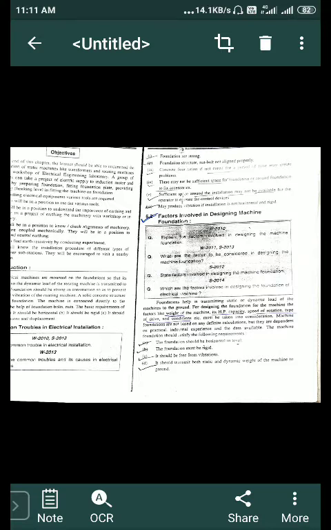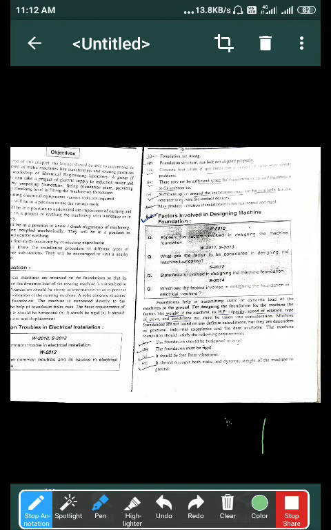Regarding the machine foundation, it should satisfy the following requirements. The first point is the foundation should be horizontal in level. Then the second point is the foundation must be rigid.